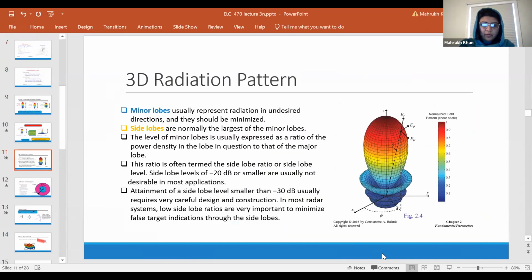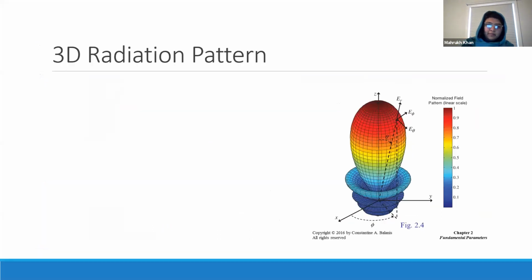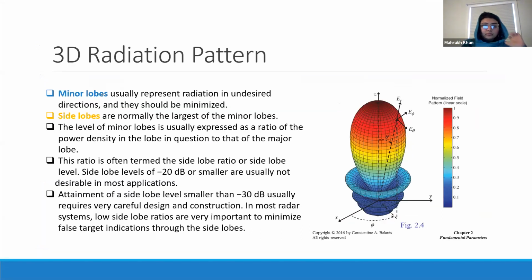Here it was. We were saying that the ratio is often termed the side lobe ratio or side lobe level. Side lobe levels of minus 20 dB or smaller are usually not desirable in most applications, right?